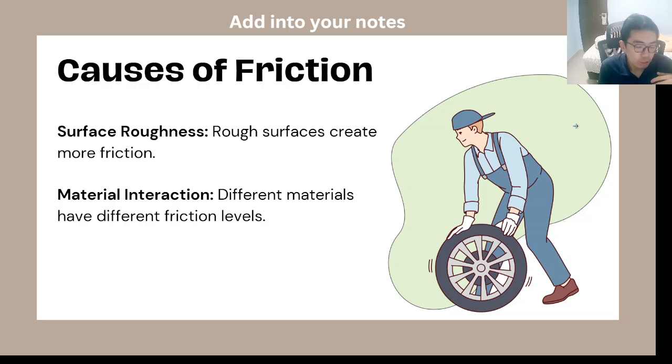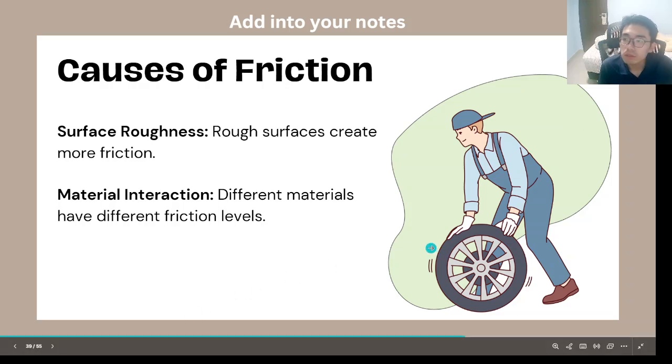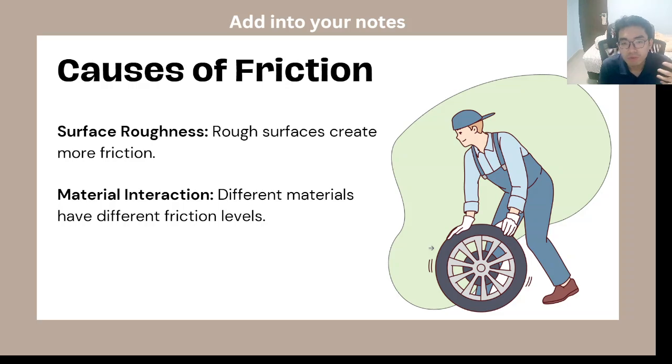The causes of friction you can add into your notes. Number one, surface roughness. Rough surfaces will create more friction, which is true. Ask yourself, compare the same flooring on a sunny day and a rainy day.